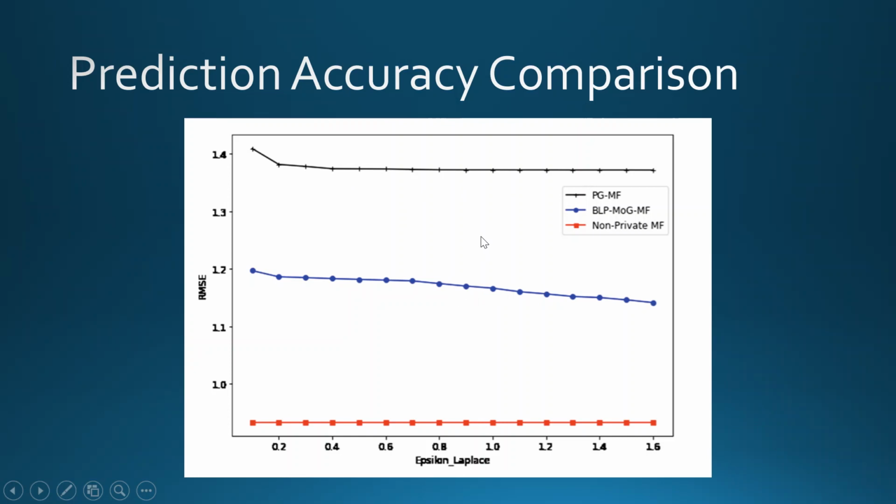Because an increase of privacy budget implies that the magnitude of privacy leakage the mechanism allows is substantial, which in return leads to an increase in the utility, which is what we call the prediction accuracy. However, you can also see the PGMF method performs fairly worse when compared to our method, which gives higher prediction accuracy, especially when epsilon is less than 1.